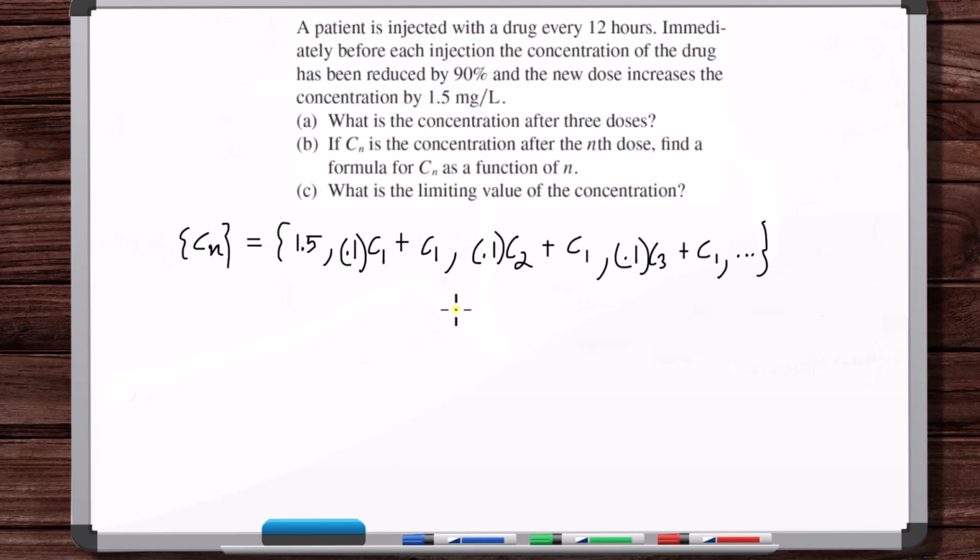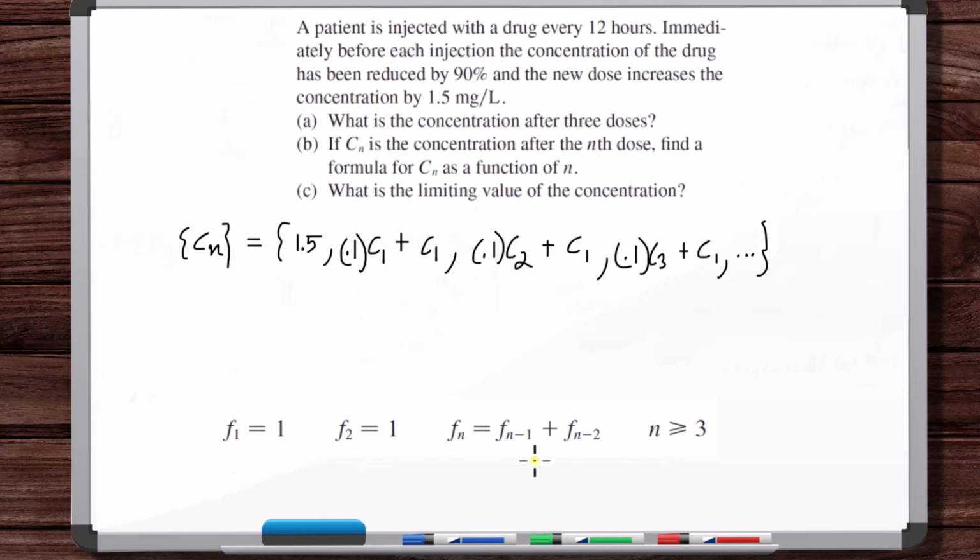So looking at this, we can see that we can write a recursive formula for sure, but they're not asking for a recursive formula. They're asking for the actual function of n, but still, let's go ahead and write a recursive formula. Okay, so with a recursive formula, if we look at, for example, the Fibonacci sequence here, we can make our formula not necessarily start at 1, in the sense that maybe the formula doesn't work for the initial first or second term.